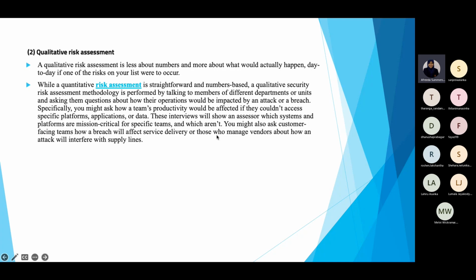And the last one, they say you might also ask customer facing teams how a breach will affect service delivery, or those who manage vendors how an attack will interfere with supply lines. Let's say another example: you need to bring in medical supplies. A pharmacist needs to bring medical supplies to a workplace, and he got delayed, and because of that a lot of other things got affected.